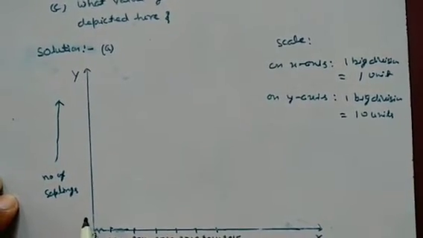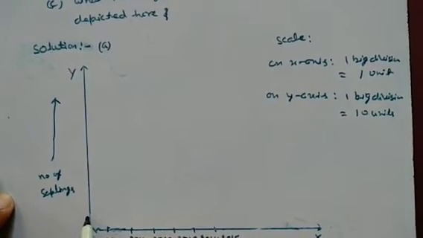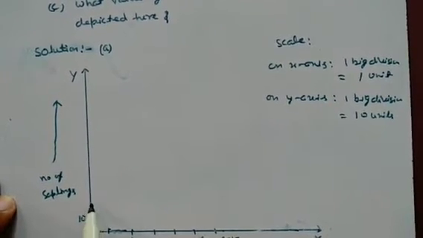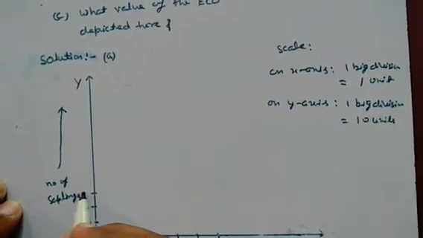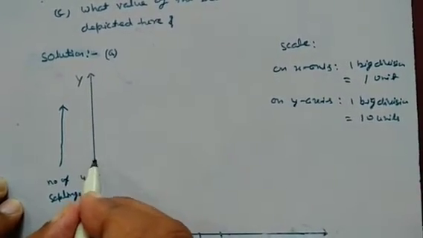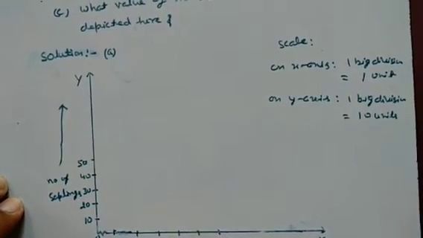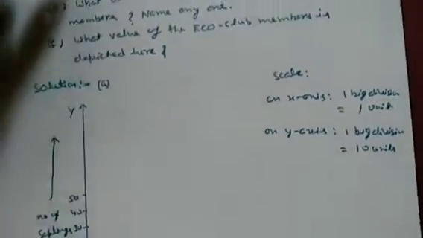And on the y-axis, the number of saplings is starting from 10, 20, 30, 40, 50 and so on. Now we try to plot the points.